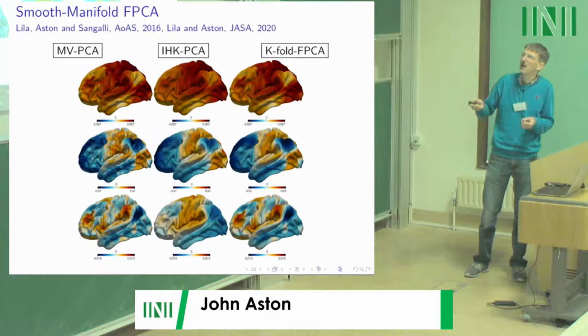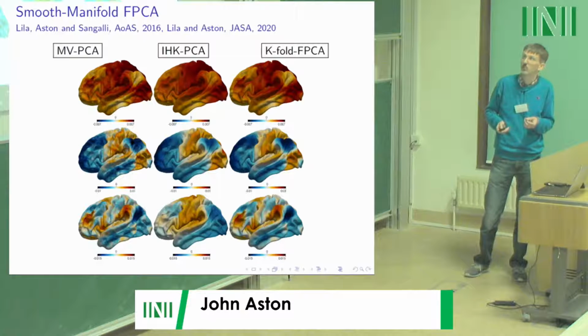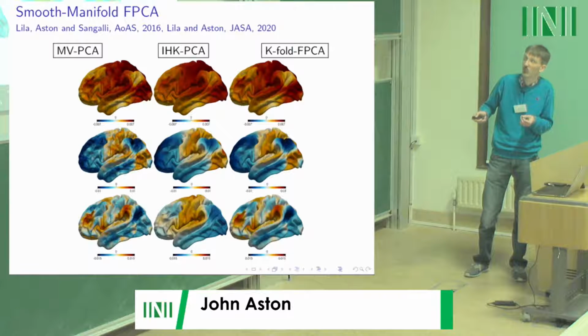So somehow they're saying there is an intrinsic smoothness to the data. If you smooth it first, you get a similar principal component. That doesn't happen if you just do multivariate principal components. But then look at the third one. Here, the multivariate principal components are somewhat smooth, but also somewhat rough. This principal component is very smooth, and this one is somewhere closer to the multivariate principal component.